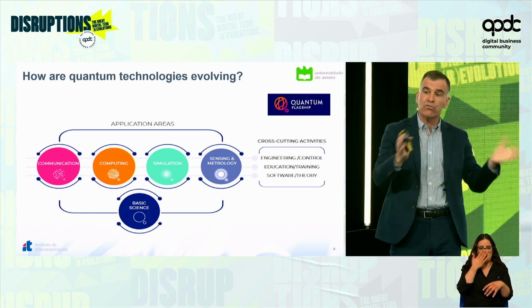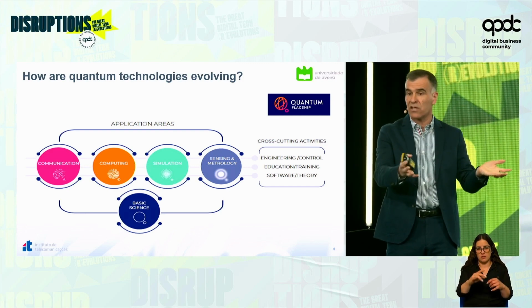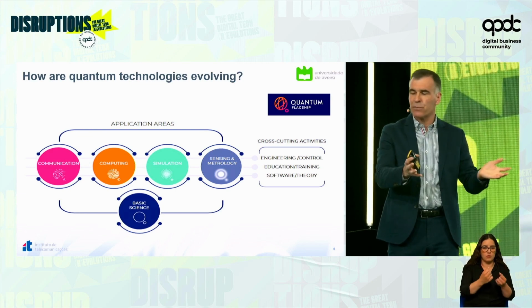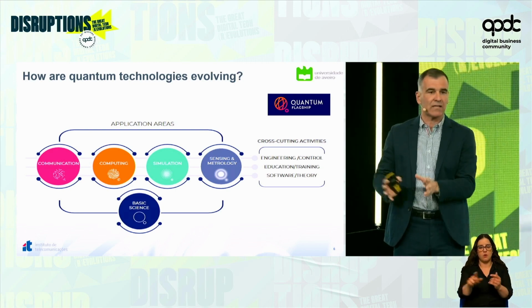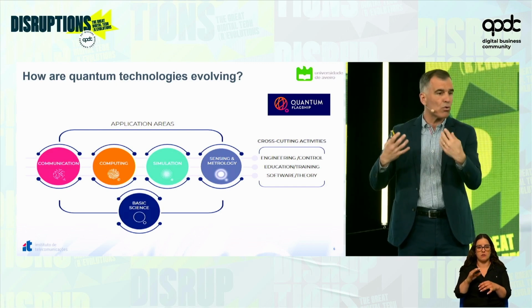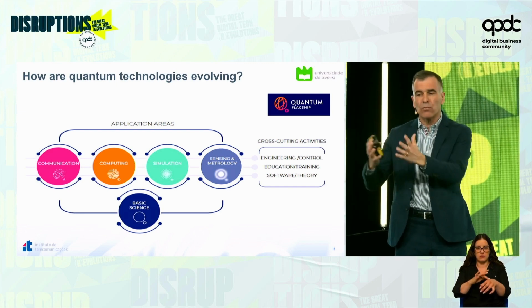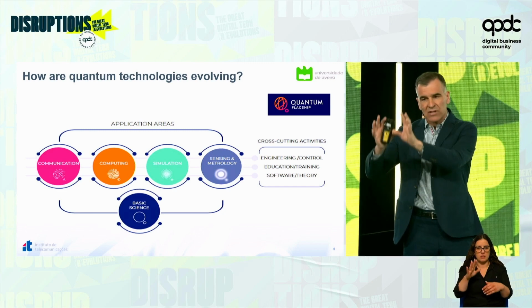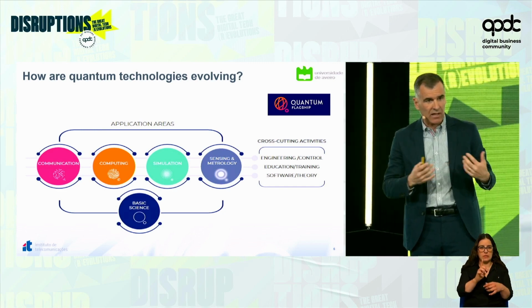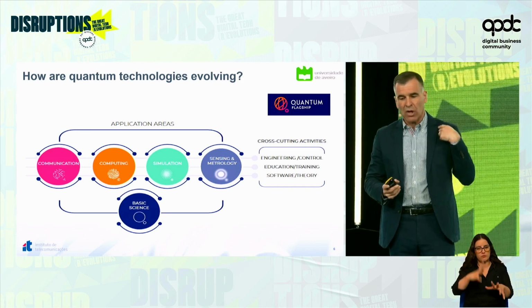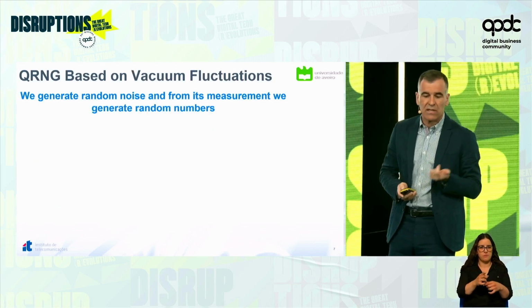And quantum simulation: there are systems that I can simulate now with a quantum computer. There's also another area, that of sensors and metrology, where I can have greater accuracy and sensitivity if I use quantum theories. So in these four pillars, quantum theory has evolved and has been structuring itself.